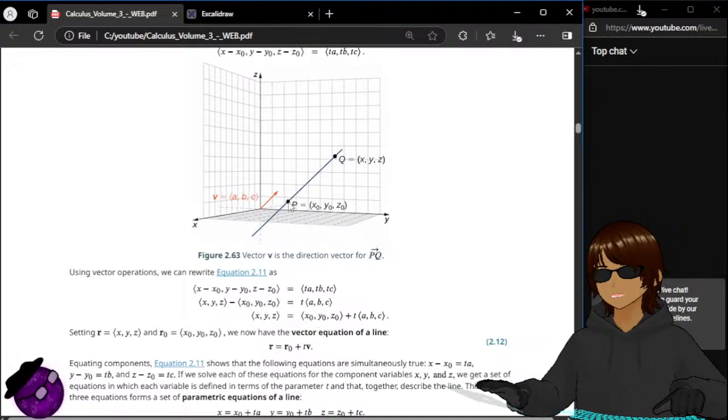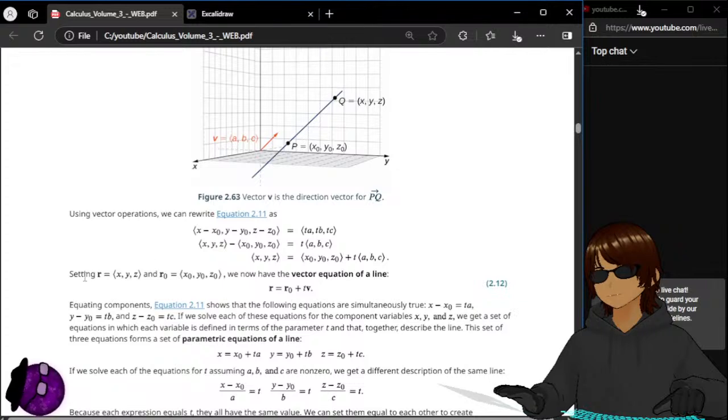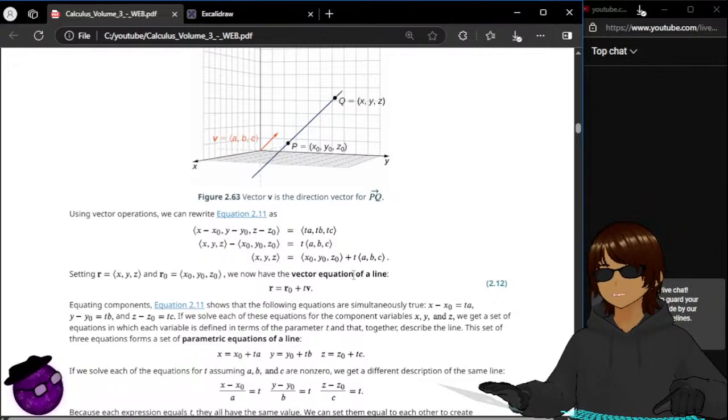So point P plus the vector v, scaled or shrunk, and it can give any point on the line. So setting r as xyz and r0 as x0, y0, and z0, we have the vector equation of a line. So r is r0 plus tv. So t is a variable and r0 is fixed, right? And I'm guessing v is also fixed.